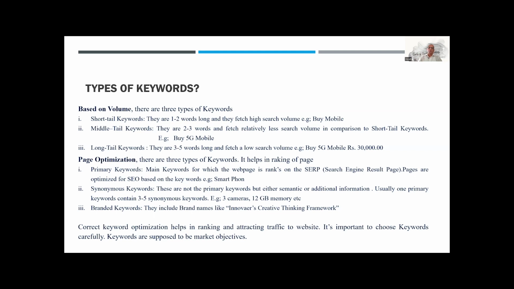Now, next is synonymous keyword. Synonymous keywords may be the attributes or associated keywords which are part of the primary keyword. Say, the microprocessor being used in the 5G mobile phone, or the RAM being used in the 5G smartphone, or any other kind of configuration being used in the 5G smartphone.